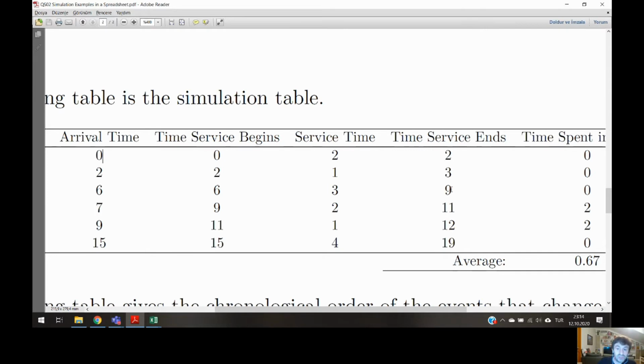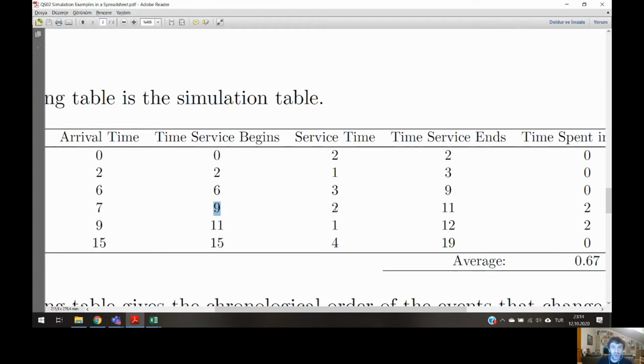And the service completion time of the previous customer was the end of the 9th minute. So this next customer, even if he or she arrives at the end of the 7th minute, must wait until the end of the 9th minute, so the server becomes idle and can serve the fourth customer.